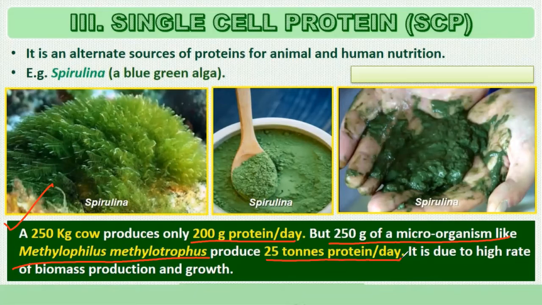It is due to the high rate of biomass production and growth. So that's why single cell protein like Spirulina is far better to produce good quality protein.